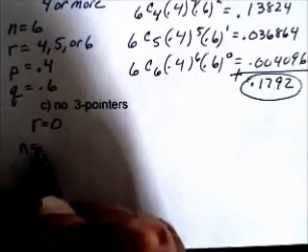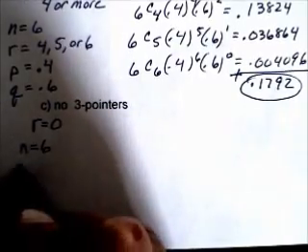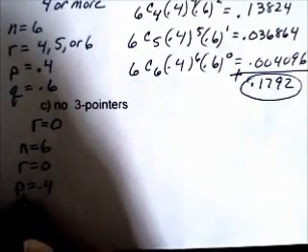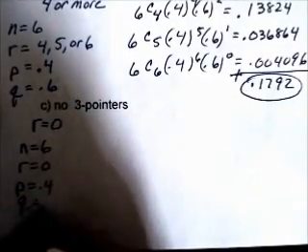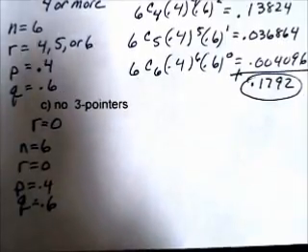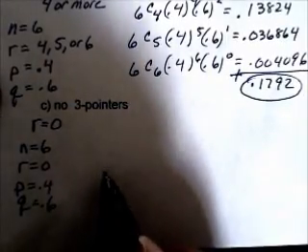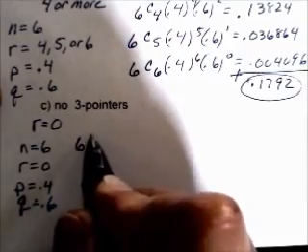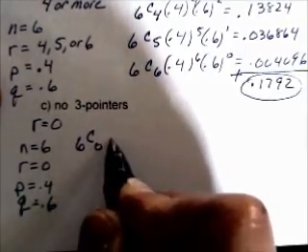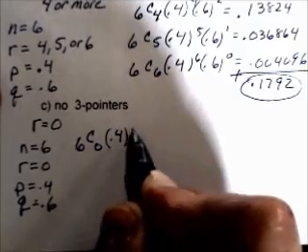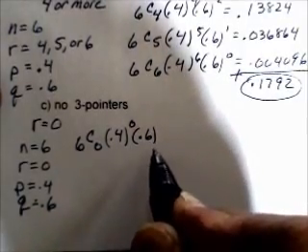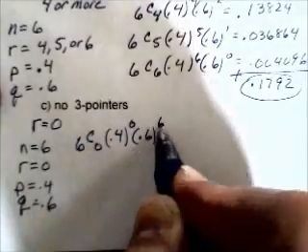So n is still our 6, r is 0, p is 0.4, and q is 0.6. So nCr, 6 C 0, p to the r, 0.4 to the 0, q to the n minus r.